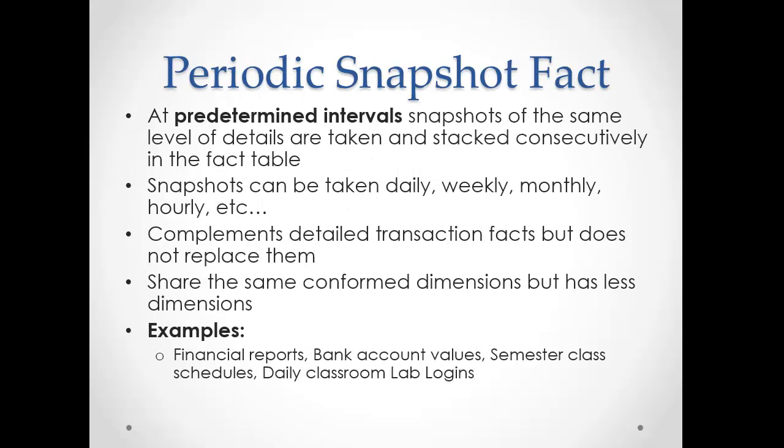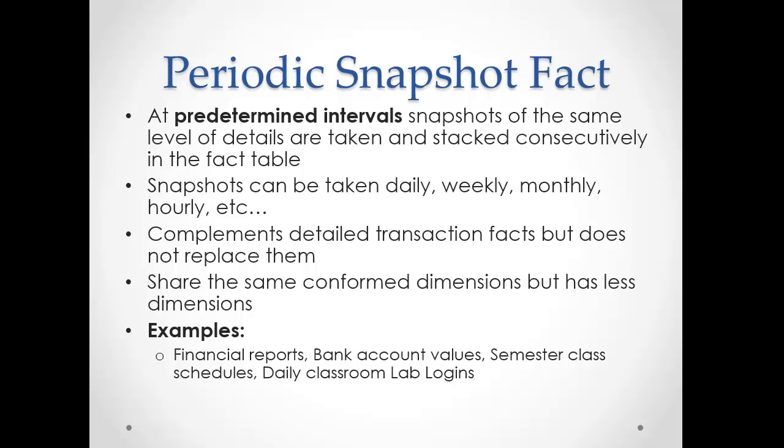There's also a type of fact table called a periodic snapshot, and this is a little different than a transaction fact table. What happens is each row in the fact table corresponds to an interval of time. So the level of detail is stacked in the fact table. Generally, the interval of time is done at some granular time period that you care about.